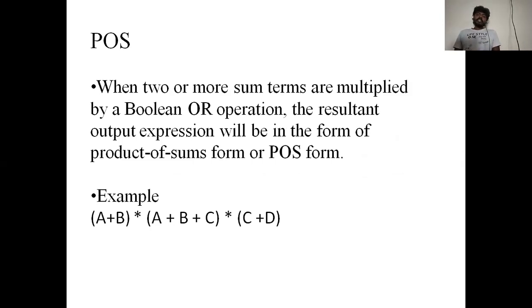We have an example a plus b into a plus b plus c into c plus d, right? Here we have three different sum terms. One is a plus b, another one is a plus b plus c, and the third is c plus d, right? Then finally we are multiplying the sum terms to form the POS, right? This is the basic difference between the SOP and POS.